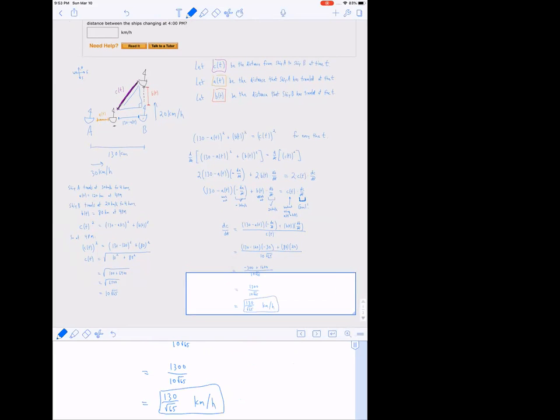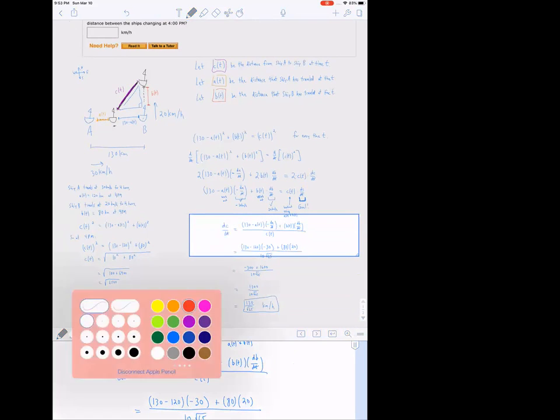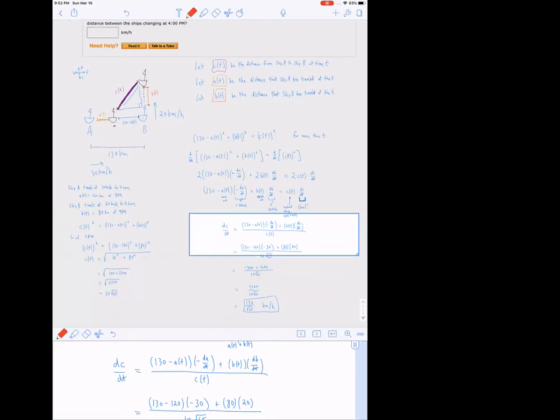Let's check that that makes sense given our calculations. 130 minus A of t would have been in kilometers, because A of t was measured in kilometers, and 130 was a measure of kilometers. dA/dt is kilometers per hour, that's a rate. B of t is in kilometers, dB/dt is kilometers per hour.